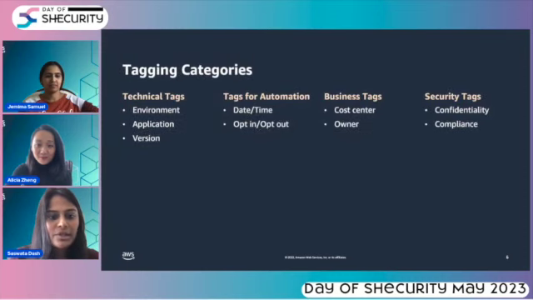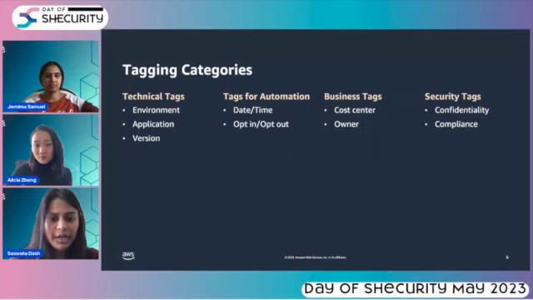If we can move on to the next slide. Thank you. At AWS, we recommend using the following tagging categories to help organize your resources. The first one is technical tags. Technical tags such as environment or application version can describe the function of a particular resource, for example, your application. As you upgrade or make changes to your product, these tags can help you keep track of the history or version changes.